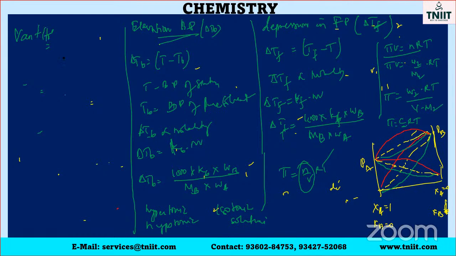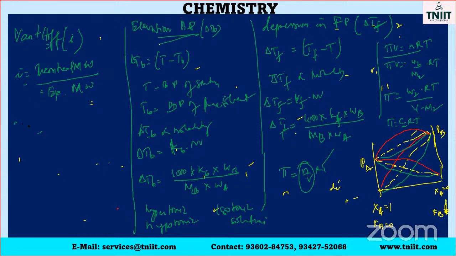A solute can undergo dissociation or association, and that can be determined by a factor called the Van't Hoff factor. This Van't Hoff factor i is given by theoretical molecular mass divided by experimental molecular mass.